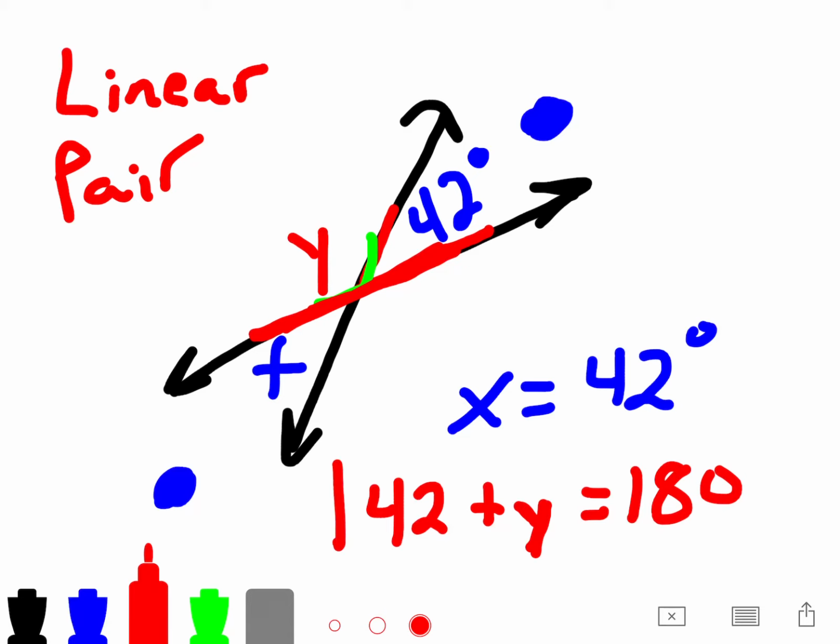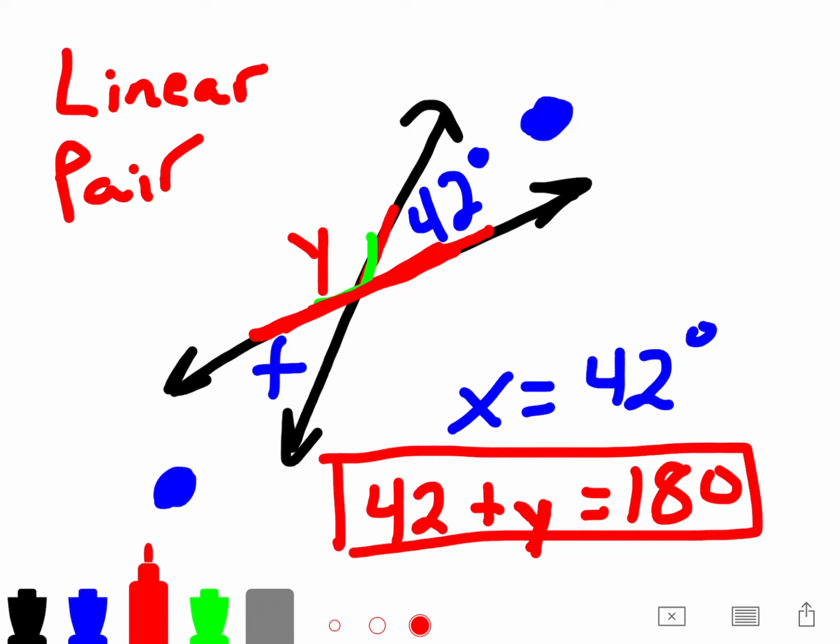The hardest part is turning it from geometry into algebra. Now this is really nice because we can just solve for y in one step, right? We're going to subtract 42 on both sides, and y equals, I'm doing this in my head, 138 degrees. Okay, great. So if that equals 138 degrees, then how much does z equal?